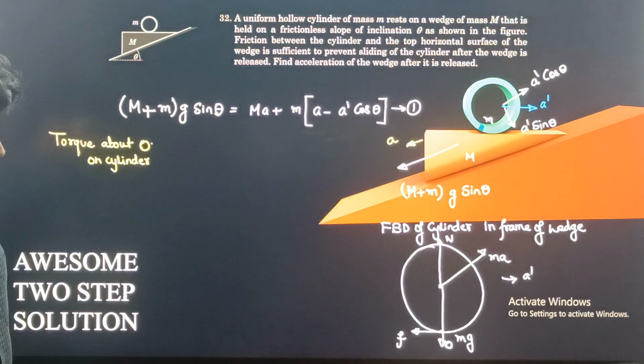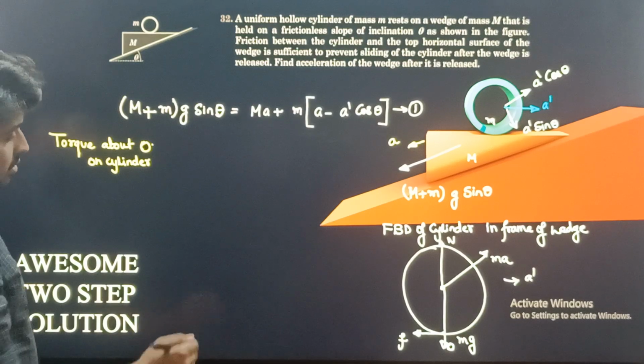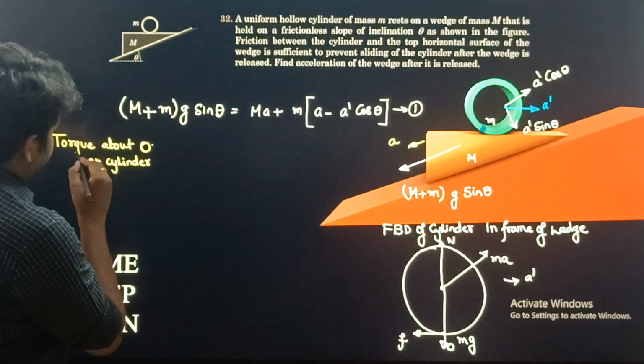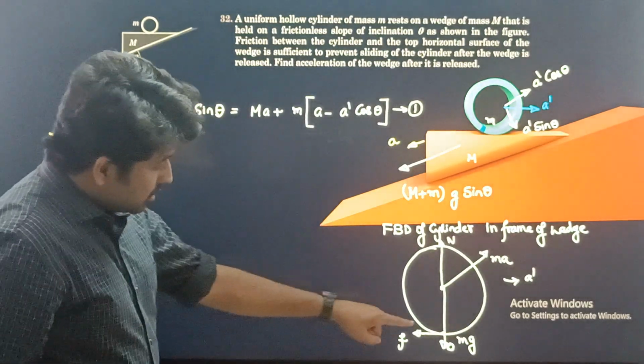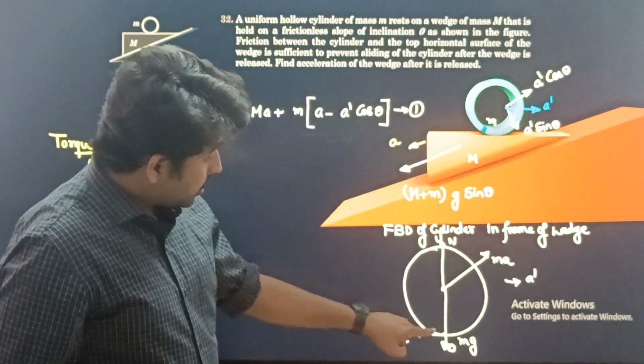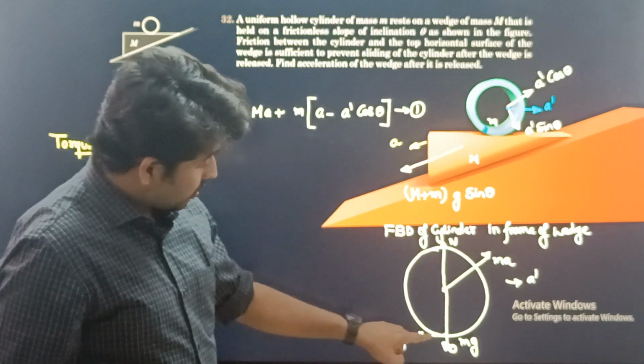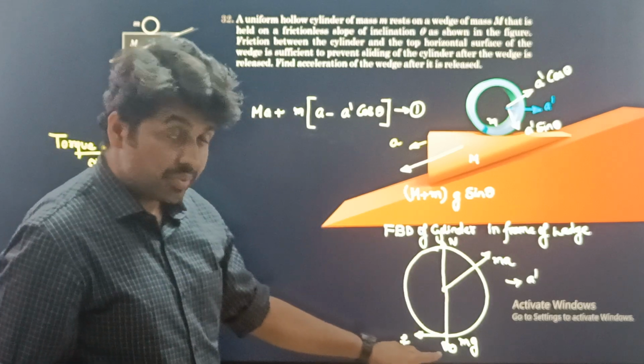And this will be what, tell me? The torque due to friction is 0, the torque due to normal is 0, the torque due to mg is 0.